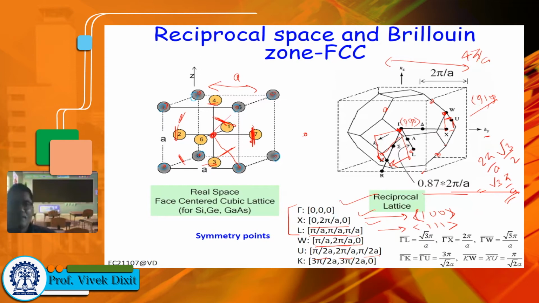So what we have learned here is that for the FCC lattice, when we take the transform and move to reciprocal space, we get a BCC. For BCC, we construct a Brillouin zone, and in the Brillouin zone we get different symmetry points, right?